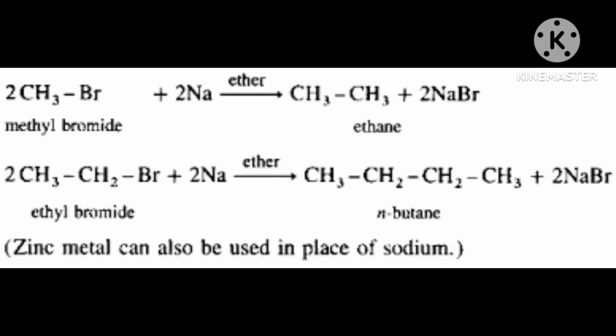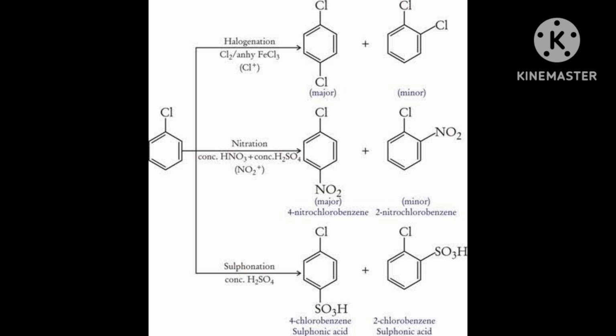Fourth, because of possible repulsion, it is less likely for the electron-rich nucleophile to approach electron-rich arenes. The arene ring has more electrons and the nucleophile also has electrons, and with the same charge, repulsion takes place.